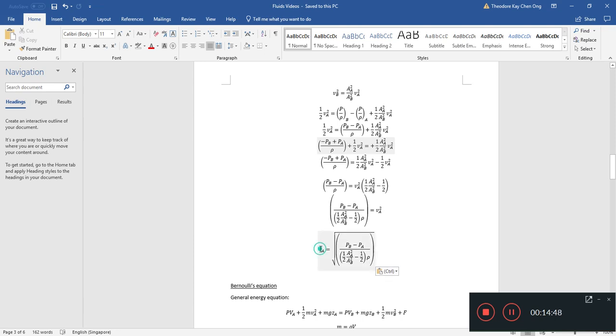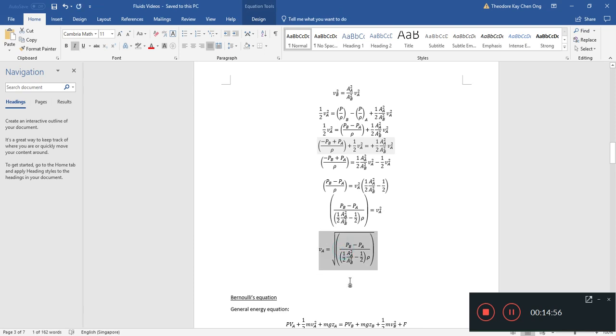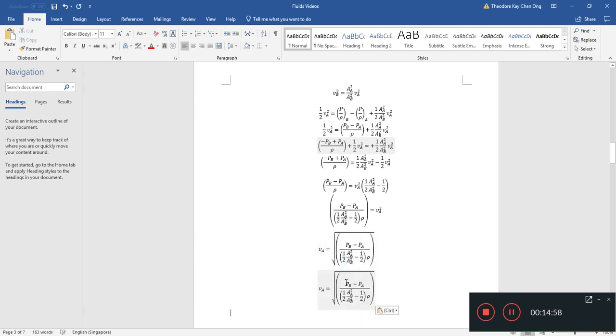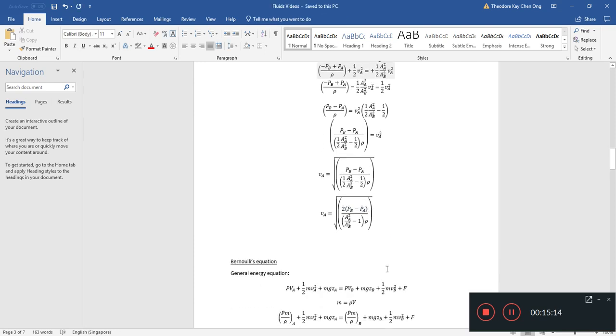We have an expression for VA in terms of this. Let me get the half out, the 2 and this here. And this is our classical Venturi flowmeter equation.